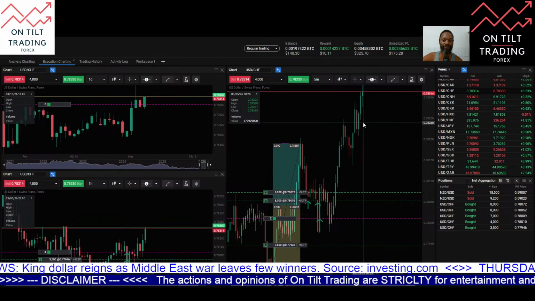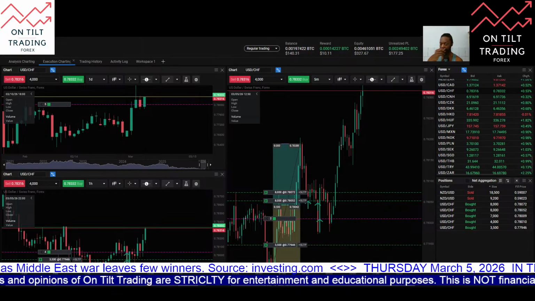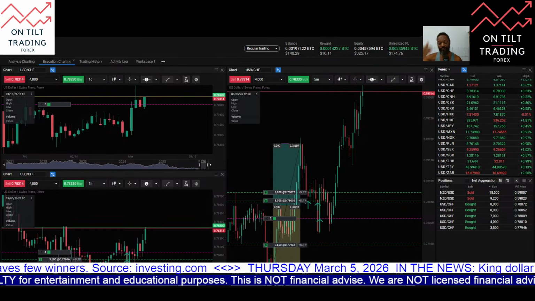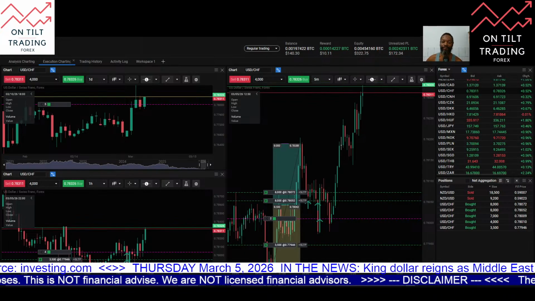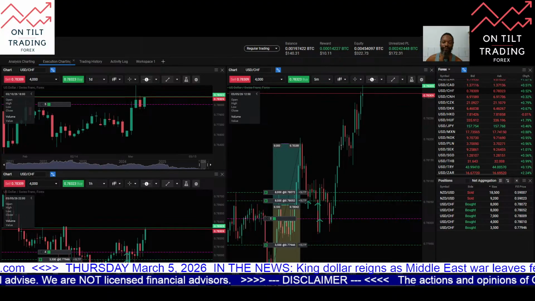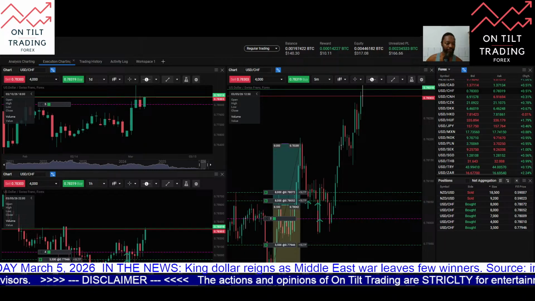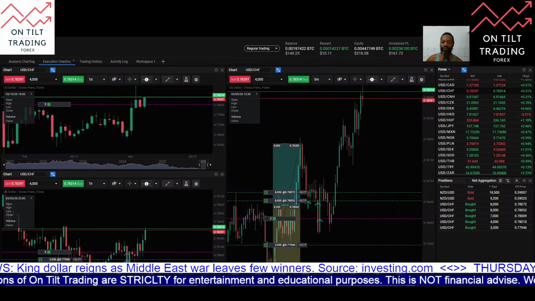Price has reached 78,329. Price pulling back to the 78,300 level.